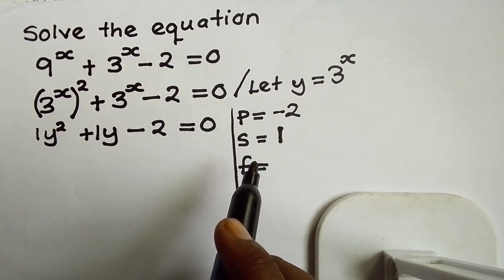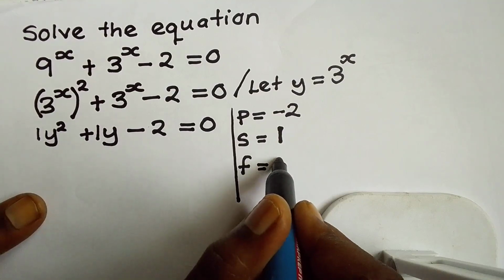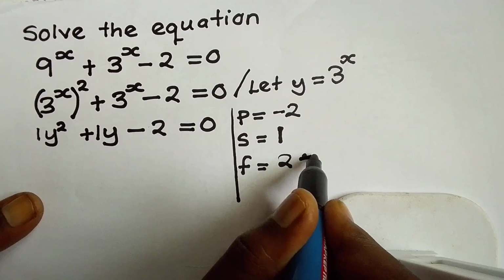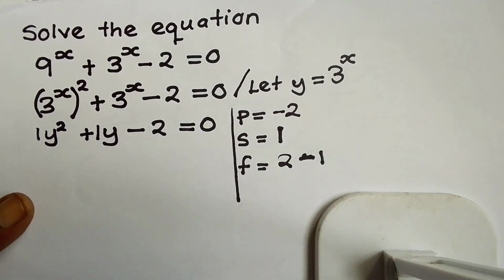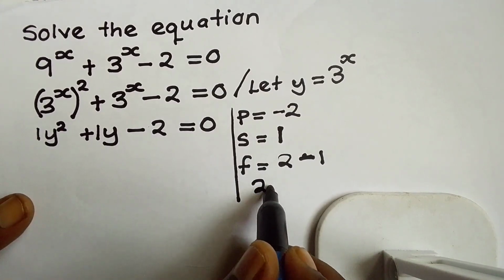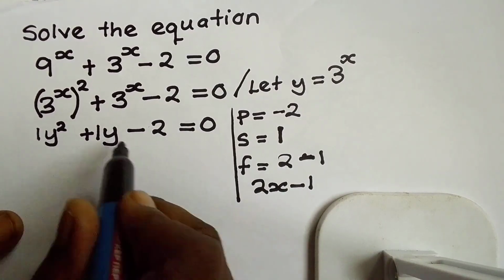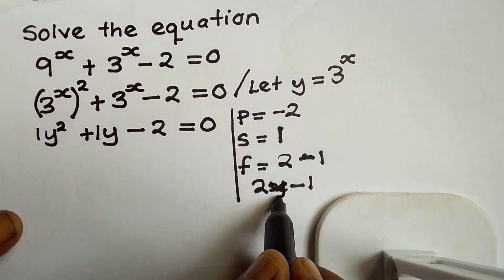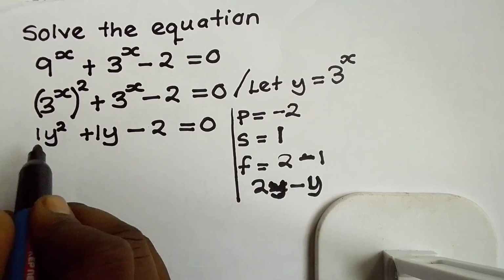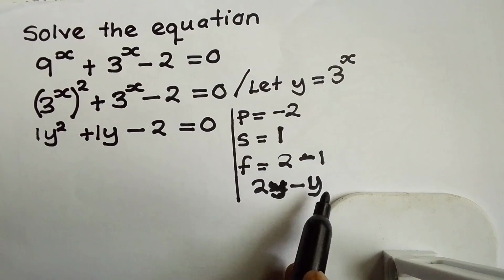The factors are +2 and negative 1. So we're going to write these factors in terms of y. So our factors are 2y minus y.